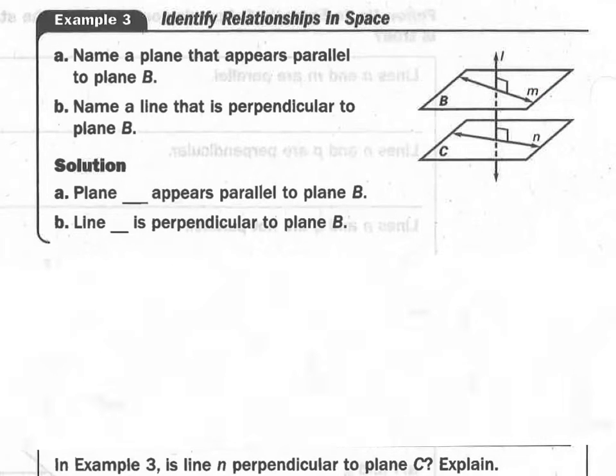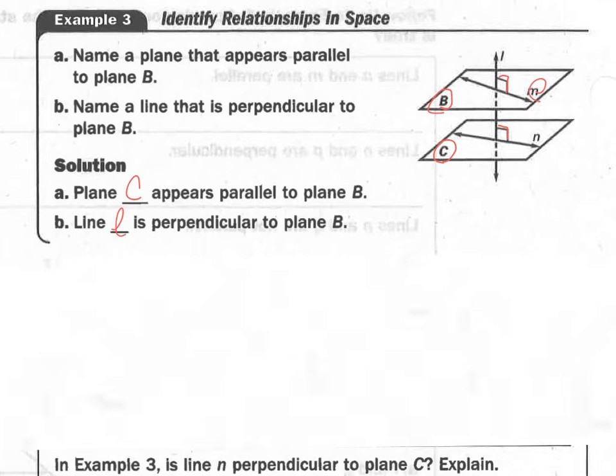Example 3, name a plane that appears parallel to B. And we only have two planes, B and C. In C, you notice that there is a line that goes through both planes at a right angle, at 90 degrees, so plane C appears to be parallel to plane B. And name a line that's perpendicular to plane B, and obviously that's line L right here.